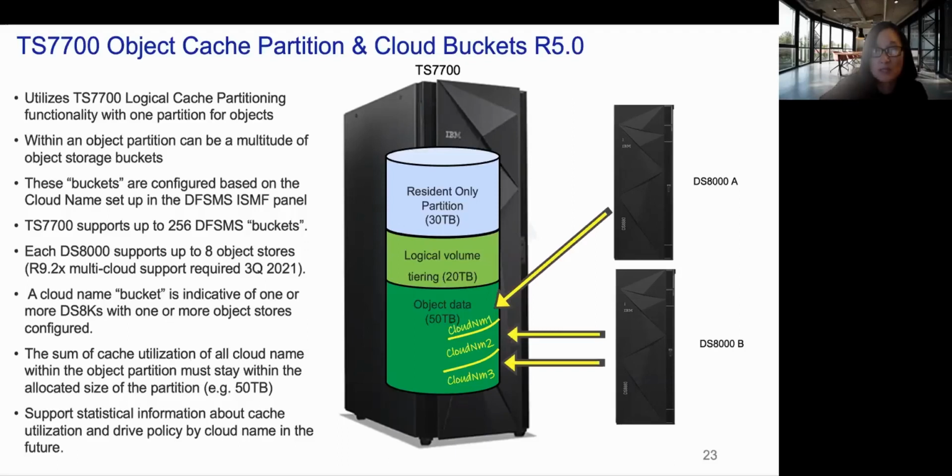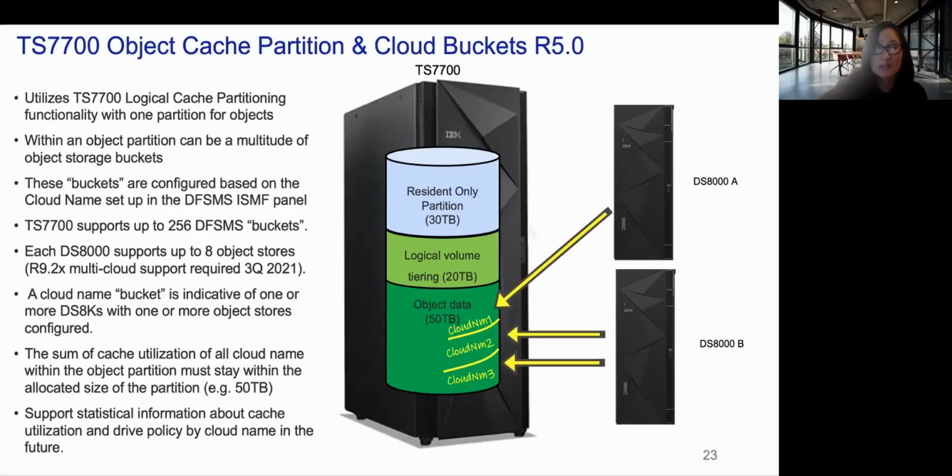Now with multi-cloud, each one of those buckets could be even the same DS8000, just a different cloud configuration or cloud name. So it could be from a different DS8000, or it could be from the same DS8000, but the whole thing here is that the 7700 does separate those out, and we can provide statistical information about your object data based on how you set it up.